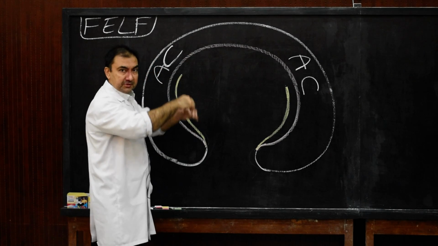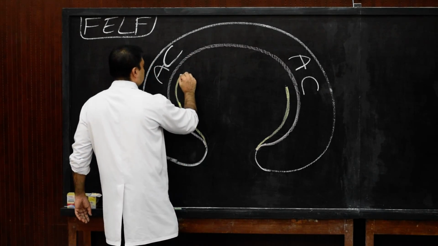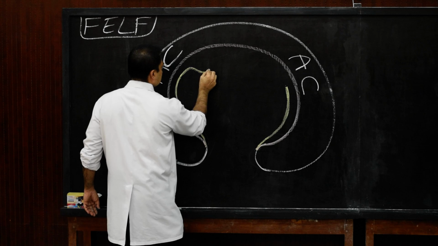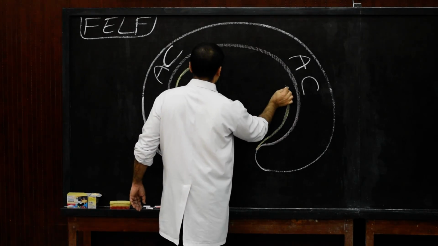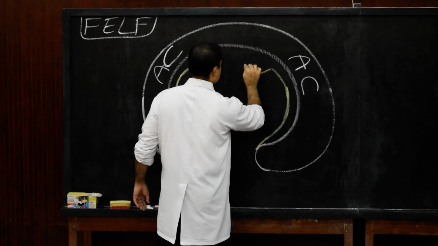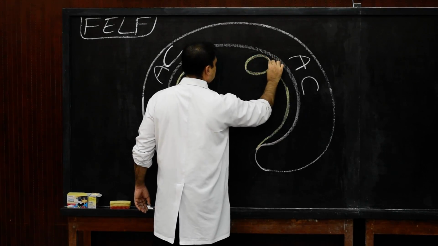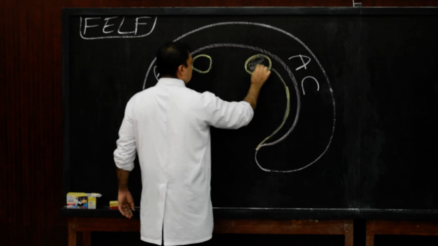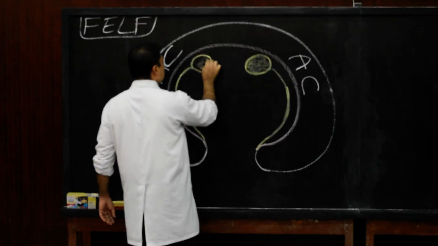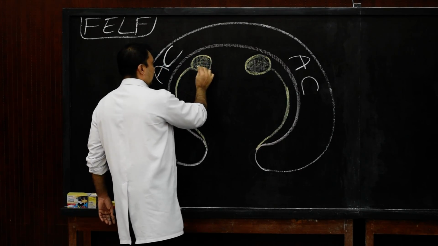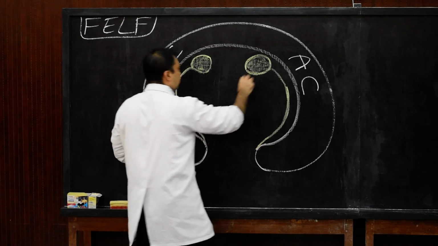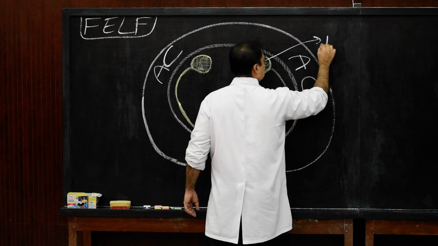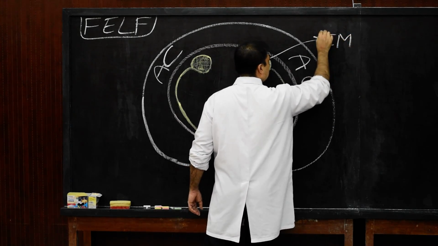Then as it goes posteriorly, see, as it goes posteriorly, this yellow color, you make a rounded elevation on both the sides posteriorly. And this rounded elevation we have made to demarcate it as intermediate mesoderm. So therefore, here we are going to write this as the intermediate mesoderm.